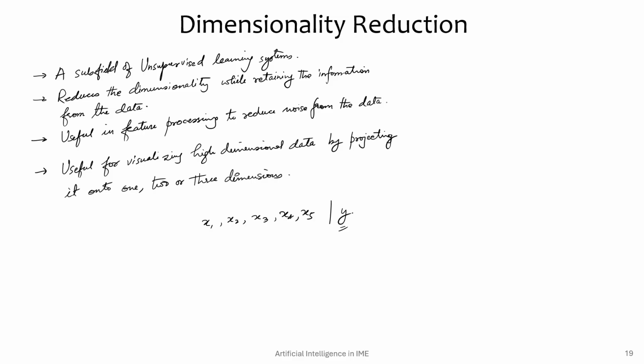In problems where the number of features is very high, we usually either visualize high dimensional data with dimensionality reduction techniques, or use them to ease our feature processing so that we can reduce the noise from the data. So, these kinds of problems can utilize dimensionality reduction techniques like principal component analysis. PCA is an example of a dimensionality reduction technique.